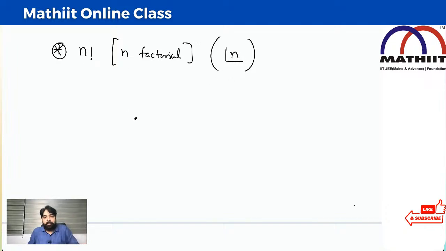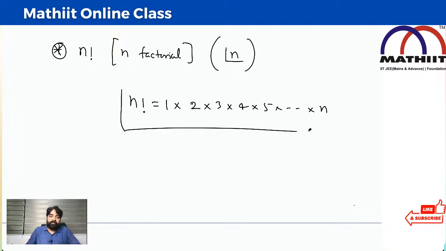But we will use this symbol, n factorial. n factorial means start from 1 and multiply 1, 2, 3, 4, 5, and so on till n. This is the n factorial definition.